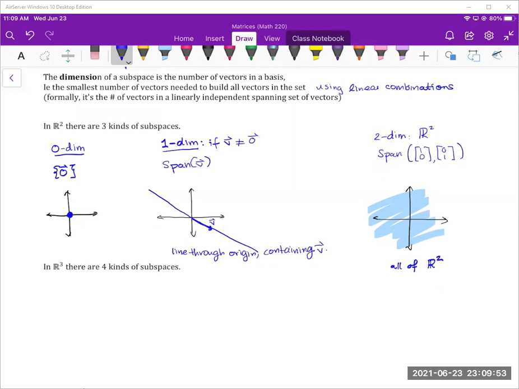In R3, we're going to see 4 kinds of subspaces. We're going to see 0-dimensional subspaces, which contain just the 0 vector. We're going to see 1-dimensional subspaces, which are just going to be lines that go through the origin.